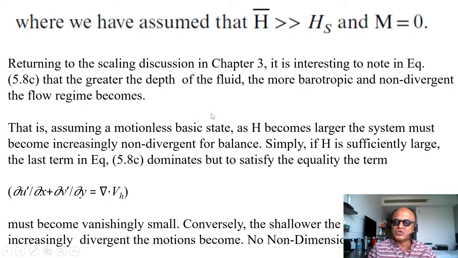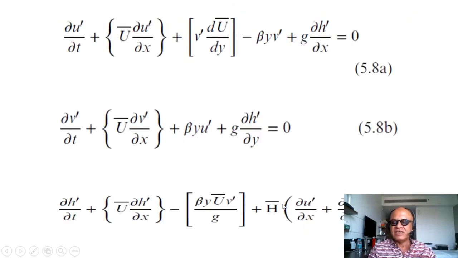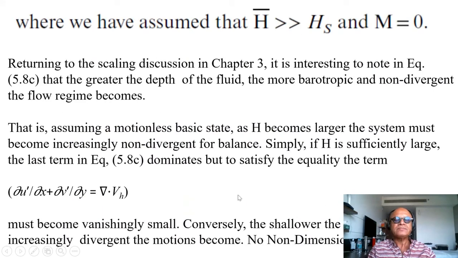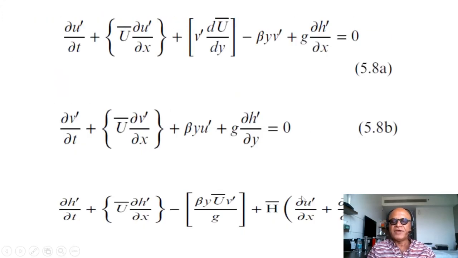So it's interesting to note that 5.8c here has the H bar term. So if H bar becomes big, the depth of the water column, you can think of it as equivalent depth, becomes larger, then this term can dominate and these terms can become smaller comparatively, which means you become non-divergent or barotropic.